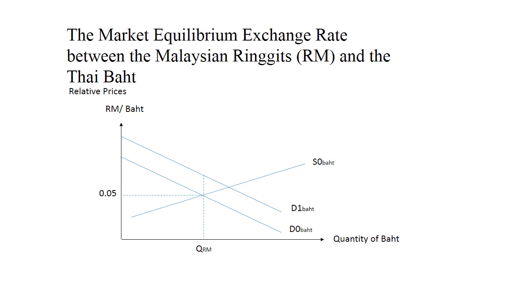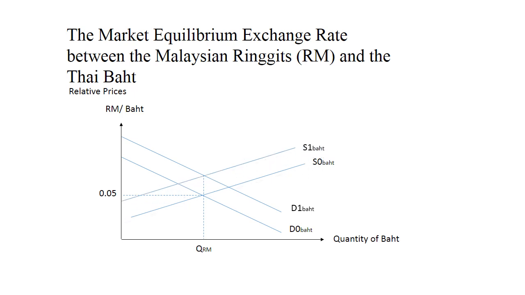And then Thai people are not going to demand more Malaysian goods. So therefore, they are going to reduce their supply of Thai baht. So S0 baht will shift to S1 baht.